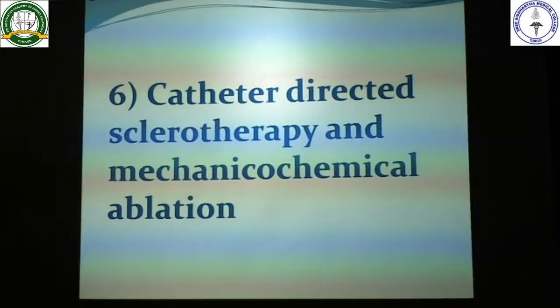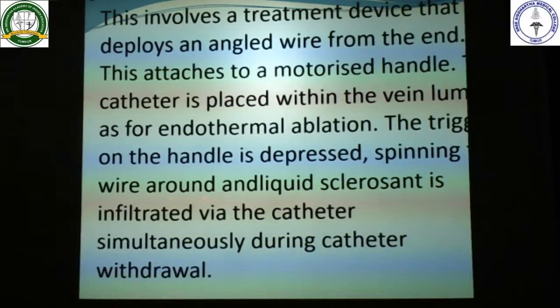Then one is catheter directed sclerotherapy and mechanochemical ablation. What is this? This involves a treatment device that has an angled wire at the end. There is a cannula and there is a wire in there. If you press the button, the wire will rotate, attached to a motorized handle.